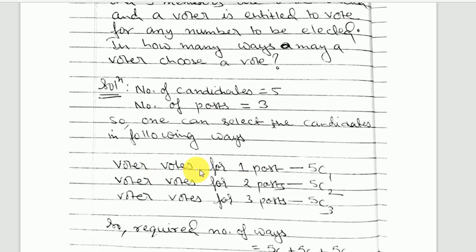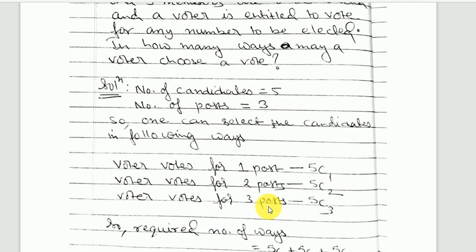Suppose the voter votes for only 1 member. This can be done in 5C1 ways, because he is selecting only 1 out of 5 candidates. Now suppose the voter decides to select 2 members. Out of 5 he has to select 2, so that can be done in 5C2 ways.